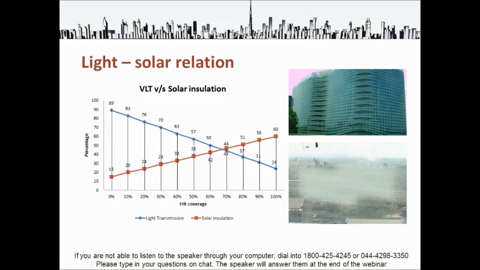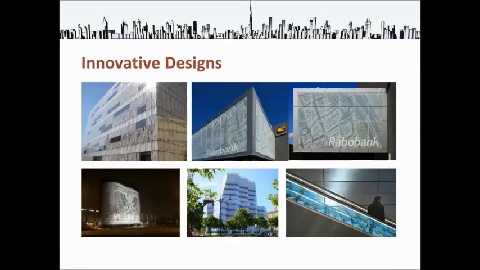Based on the coverage and the spacing between two patterns, the transparency or see-through effect can still be maintained, making some kind of unique designs onto the glass facade. So this is one typical application.